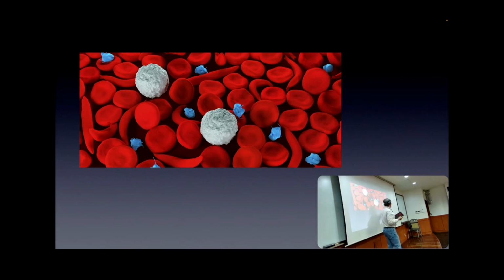What's wrong with this sickle cell red blood cell is the inside of this red blood cell. When you have a mature red blood cell, all you have inside of a red blood cell is one particular type of protein, which is hemoglobin, because hemoglobin protein is the one which functions as carrying the oxygen.